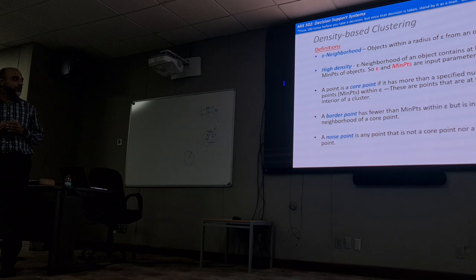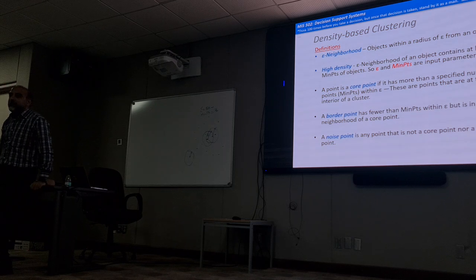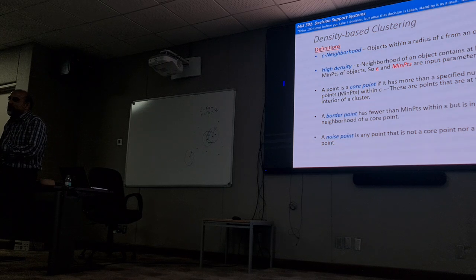So what is a border point? A border point belongs to a dense region, but is itself not a core point, meaning that the point's own neighborhood is not dense. I live like on the border of a city. Looking at it from the city, I'm part of a dense region, but when you draw a circle around me, I do not have enough in my neighborhood.